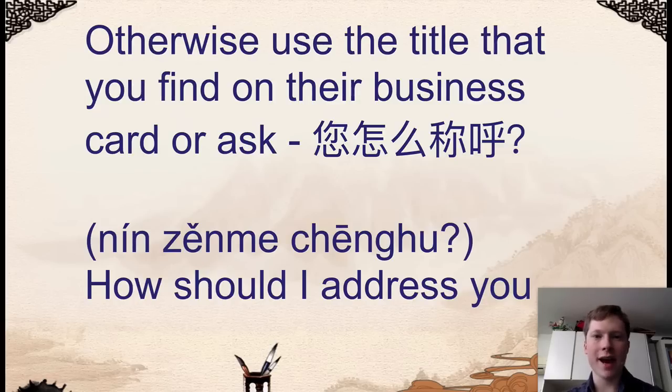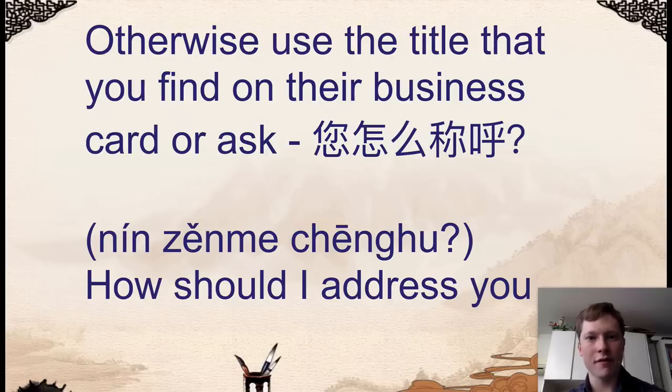So let's have a look at some other examples now. One good way to find out the correct way to address somebody and their correct title is to look at their business card. Normally when you meet somebody in a formal situation for the first time, you can exchange business cards. And in China, when you do that, you should always accept the business card with both hands. If you look at the Chinese part of the business card, normally it will give you their title.